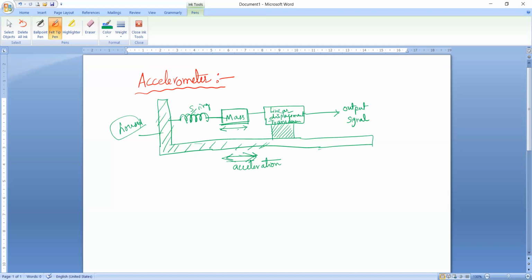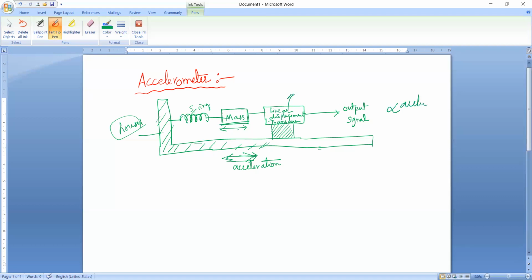This relative displacement is sensed by one of the electrical transducers. In this case, potentiometric transducers will be used. The output signal from the potentiometric transducer will be proportional to the acceleration.